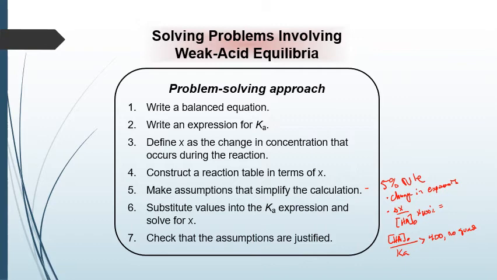Less than or equal to 400, you would have to do the quadratic equation. Once you have that, you can then take the value for X as being your concentration of the H3O plus, and then take the negative log of that concentration.